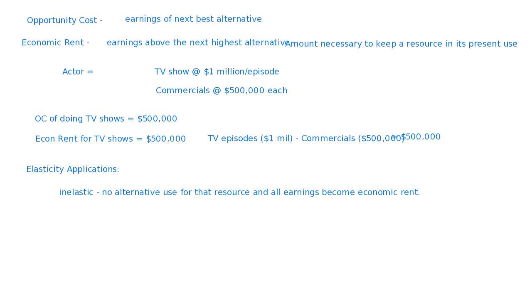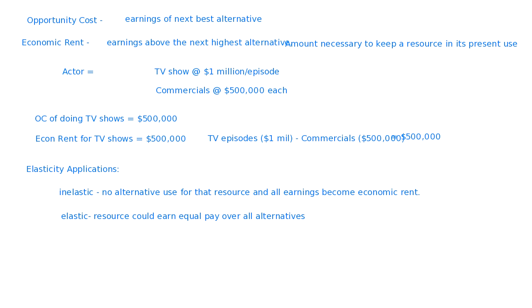If a resource is elastic, then that means that the resource could earn equal pay over all alternatives. That might be something like a fast food job. If it's a minimum wage job, you know you're going to get minimum wage over all alternatives.